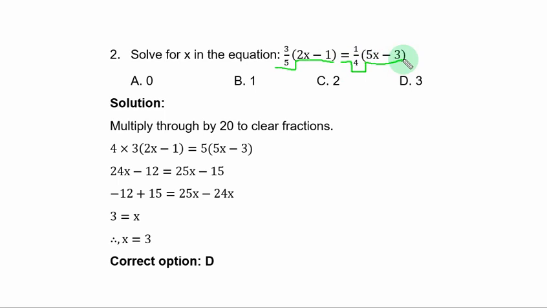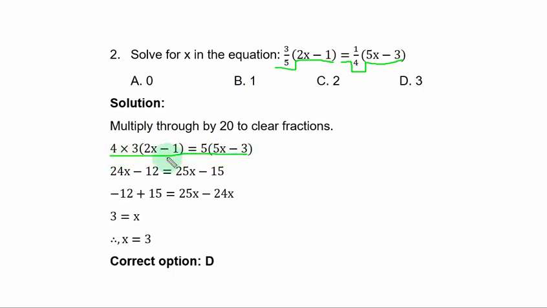Solution: you can do this in two ways. To clear the fractions, you can multiply through by the LCM of 20, that is the LCM of 5 and 4, or you simply cross multiply. Whichever way, you have this result.